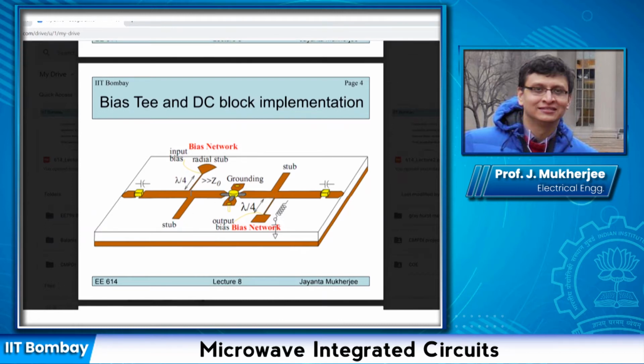But it's a DC short because this is after all just a piece of metal. So DC can come in, and similarly, DC also can come in. And so the end result is at this point we will have a mixture of RF plus DC, and at this point also we will have a mixture of RF plus DC. But no RF will leak here. No RF will leak here.